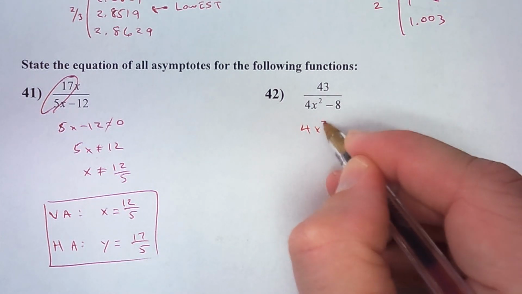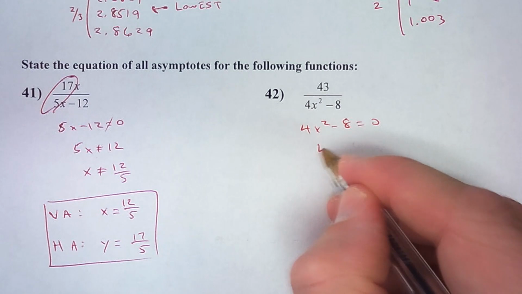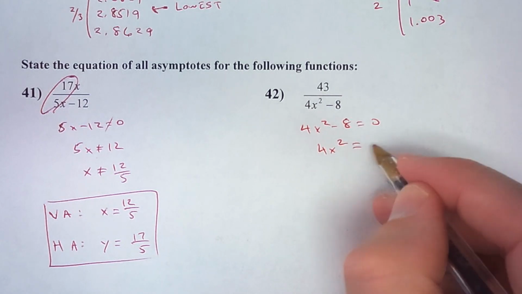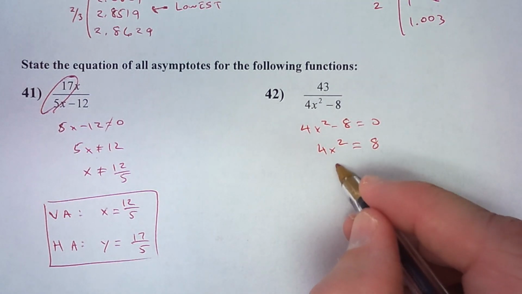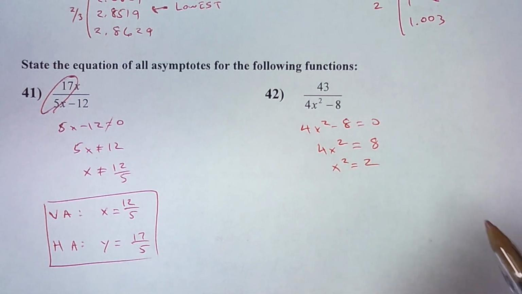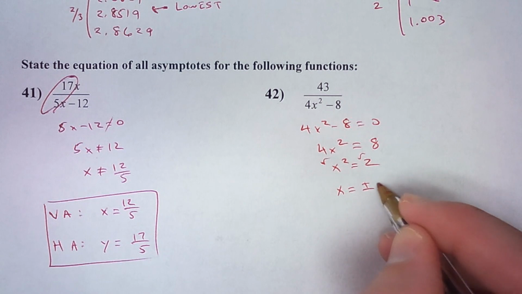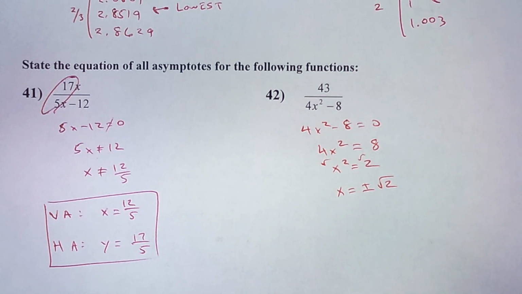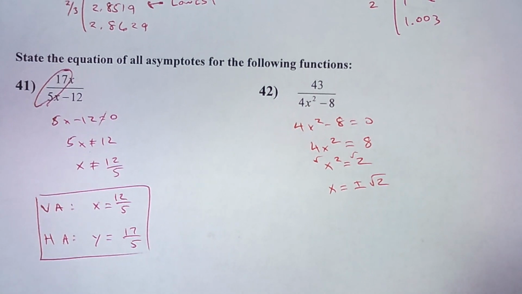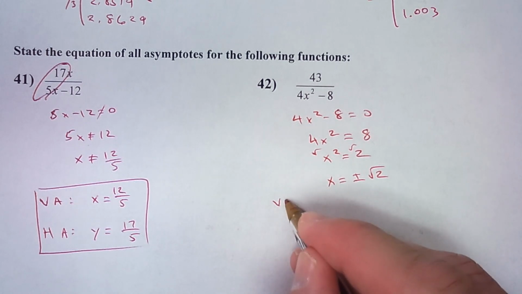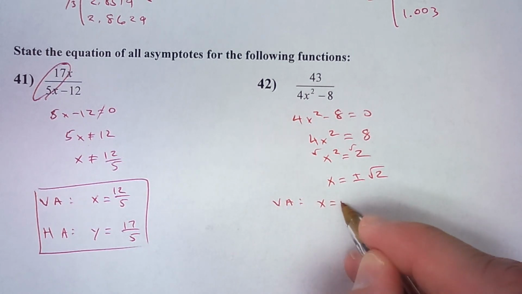Okay, here again I set the denominator equal to 0. 4x squared minus 8 equals 0. So 4x squared equals 8. And I can divide. X squared equals 2. And then take a square root, and I get x equals plus or minus the square root of 2. So that means there are 2 vertical asymptotes.